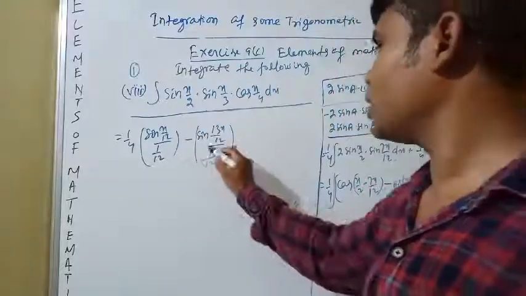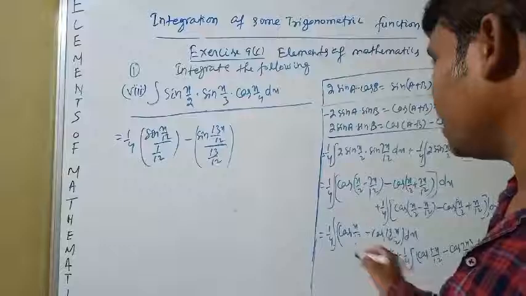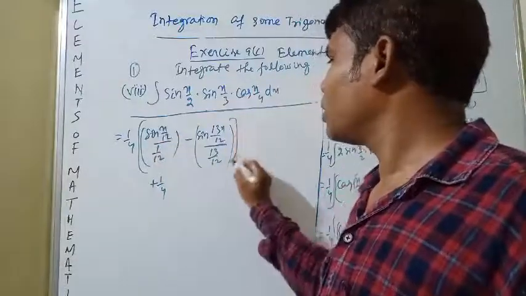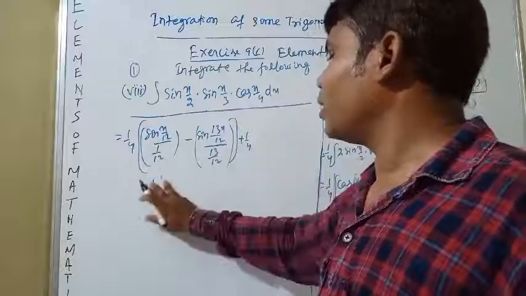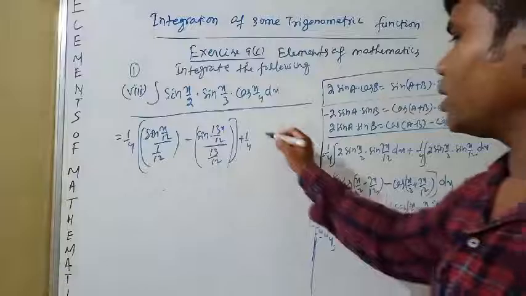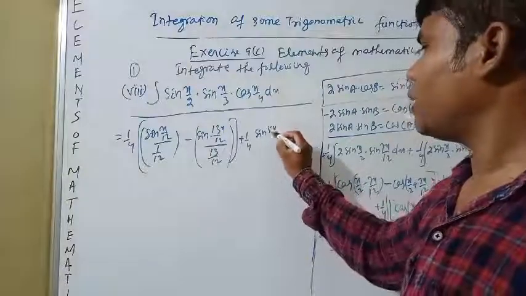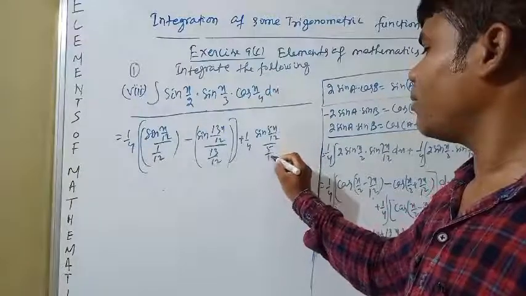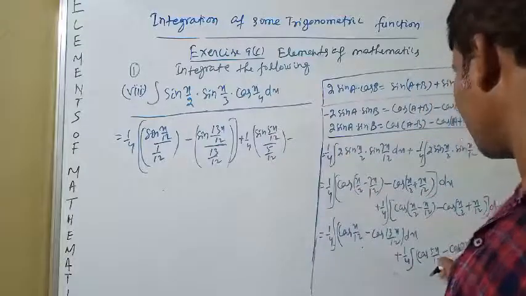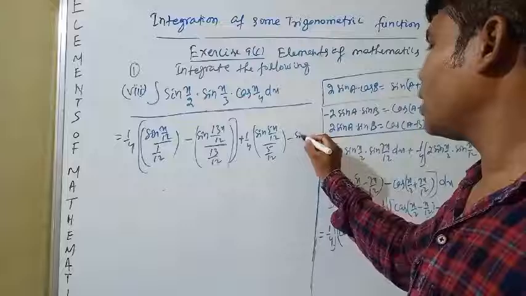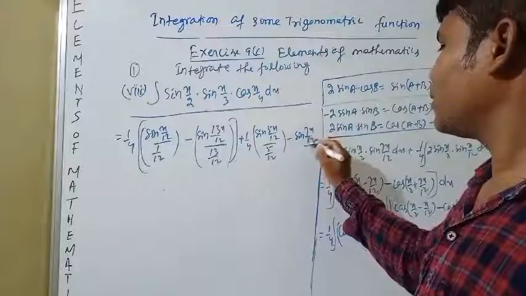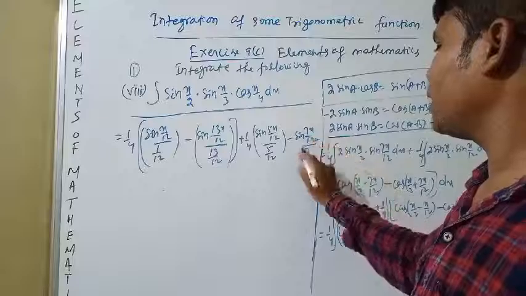Again plus 1 by 4, cos 5x by 12, that is sin 5x by 12 divided by 5 by 12, minus cos 7x by 12, that is sin 7x by 12 divided by 7 by 12.